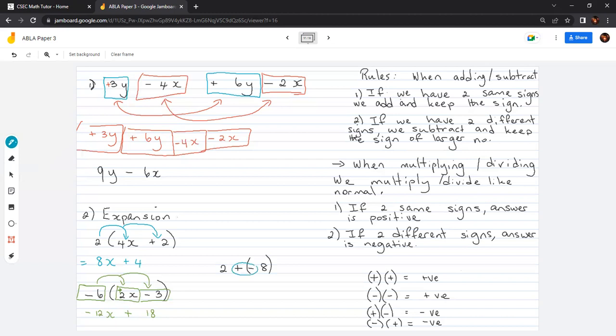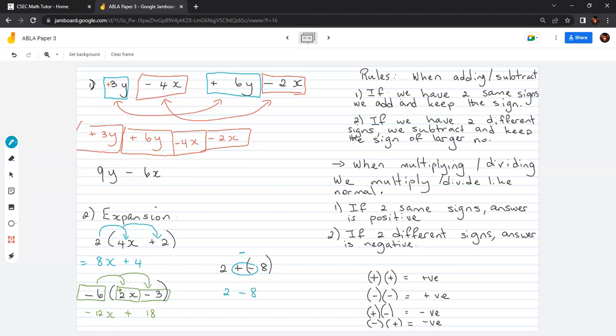So you're going to replace the sign with the sign that it results in. So you have two different signs. Because I have two different signs, it's going to be negative. So it becomes 2 minus 8.